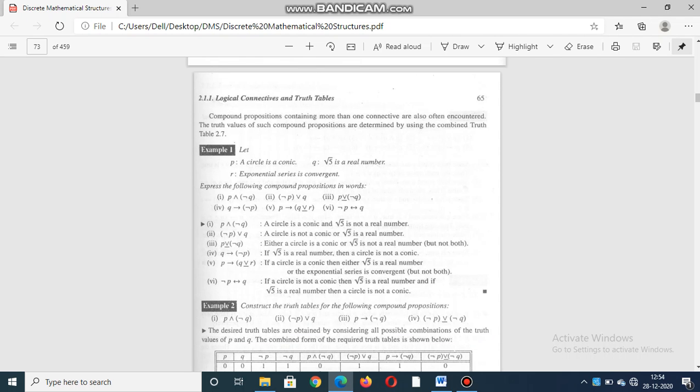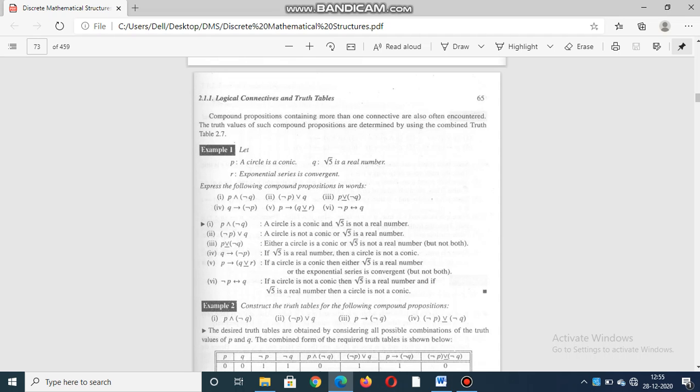So next is Q implies negation P. What is Q? When it comes to implies, you have to add if and then. If root 5 is a real number, then negation P: a circle is not a conic. Got it?